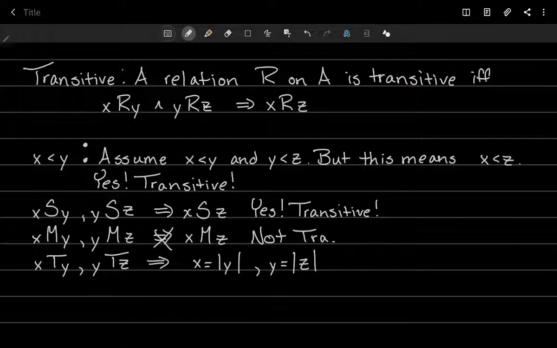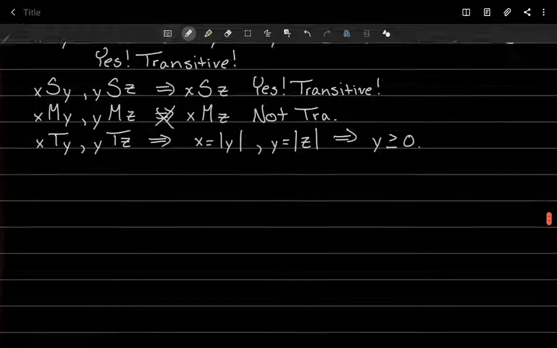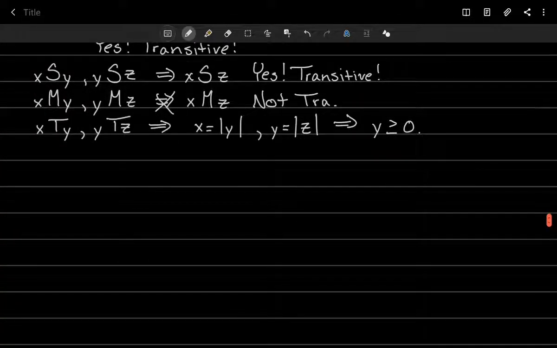So if y is positive, this implies y is greater than or equal to 0. I should be saying non-negative. So then the absolute value of y equals y.